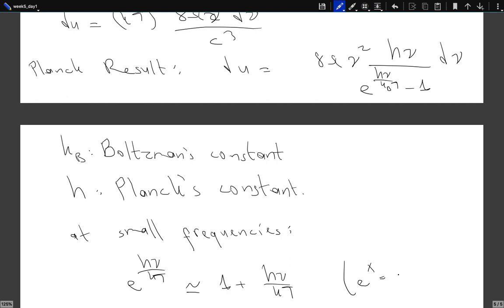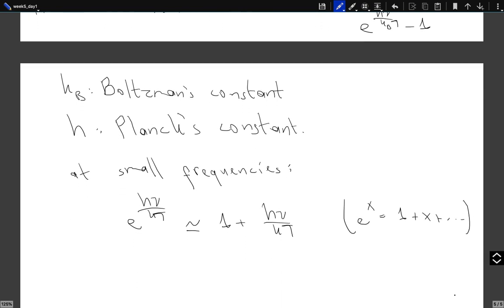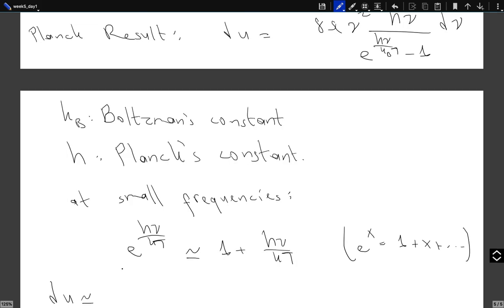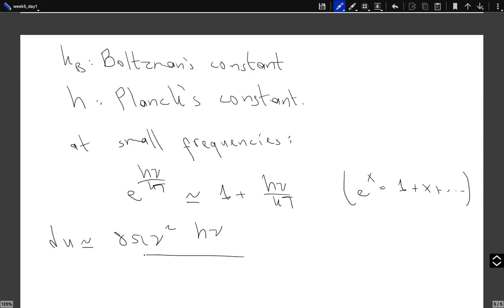It's just a Taylor expansion of the exponential. So du now becomes approximately 8 pi nu squared h nu divided by 1 plus h nu over kT minus 1, d nu.